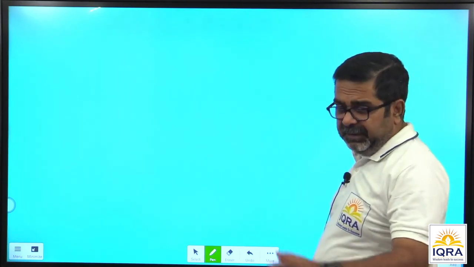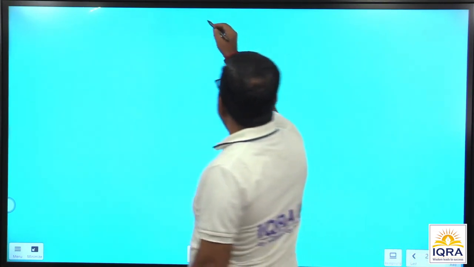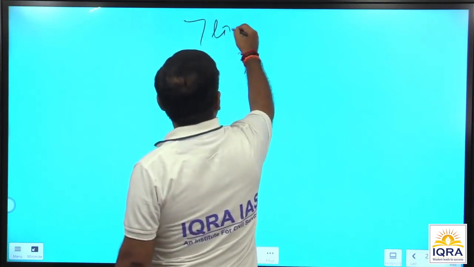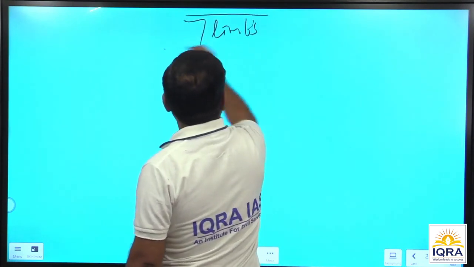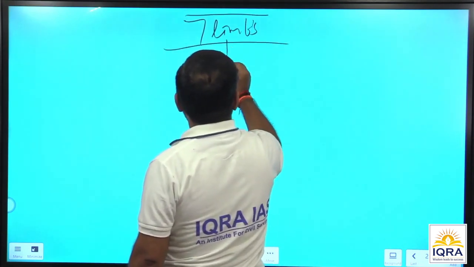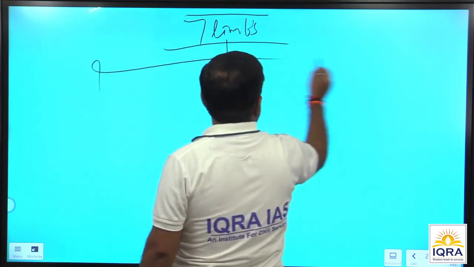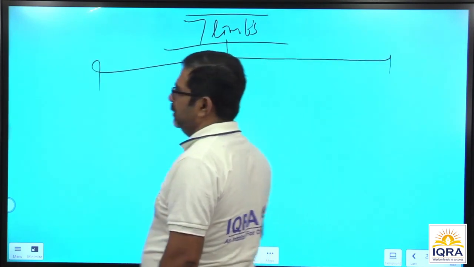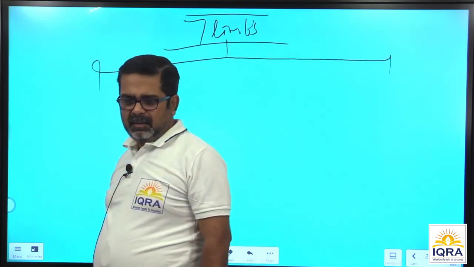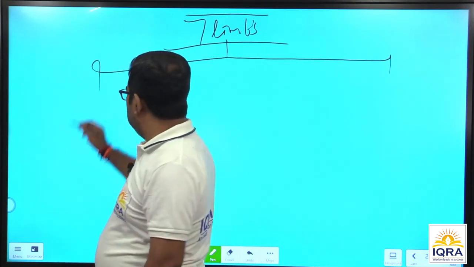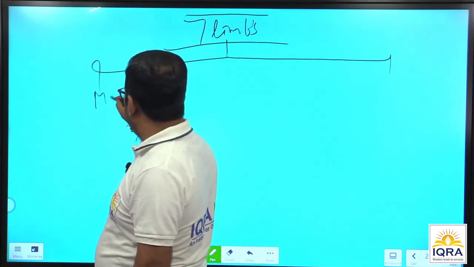So these 7 features, 7 limbs, were present in the Mauryan period.